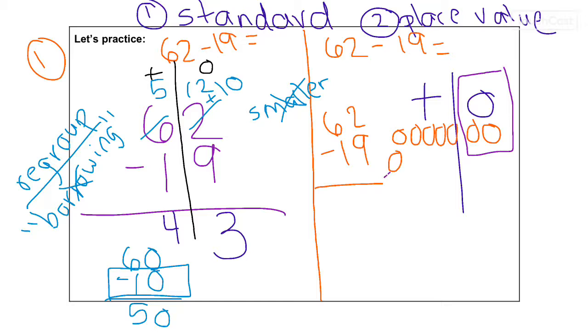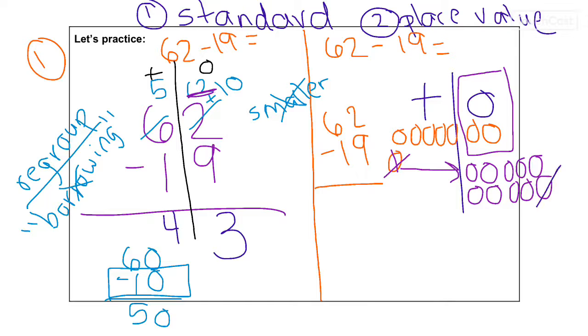So I'm going to go to the tens. I'm going to take one of the tens and decompose it. So how many ones are in a 10? 10 of them. So I'm going to draw 1, 2, 3, 4, 5, 6, 7, 8, 9, 10. And that gives me 10, 11, 12, just like over here. So now I'm going to say, can I take away 9?